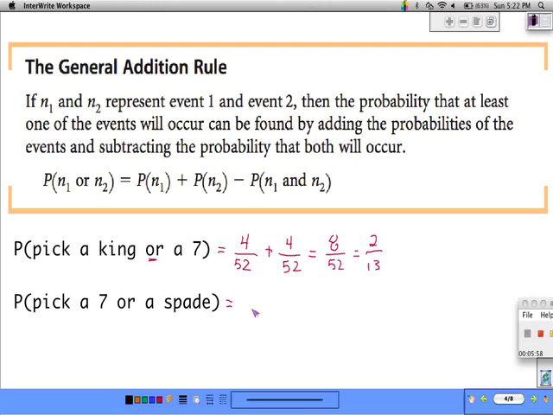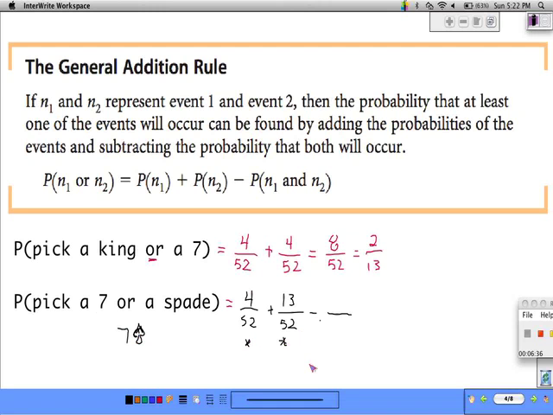Probability of picking a 7 or a spade. Probability of picking a 7 is 4 out of 52. Probability of picking a spade is 13 out of 52. But there are some 7s that are also spades. This is not mutually exclusive. I have to subtract something at the end of this, because the 7 of spades, pretend that's a spade, got counted in this group and this group.